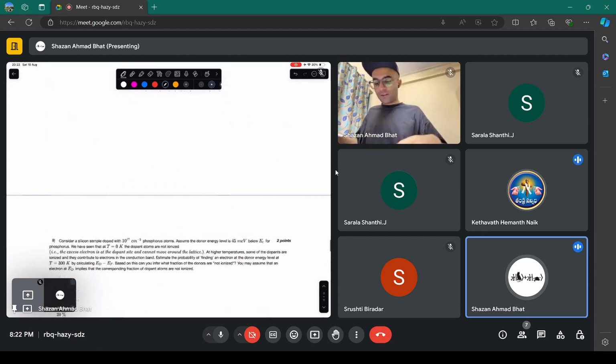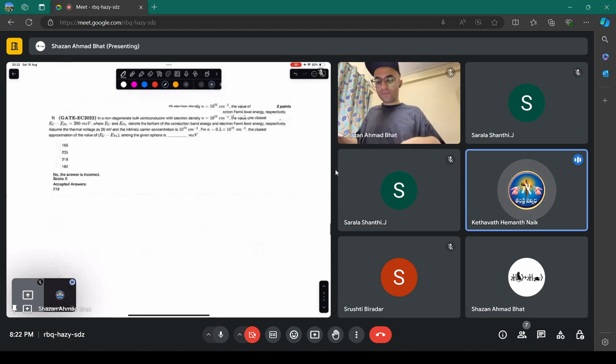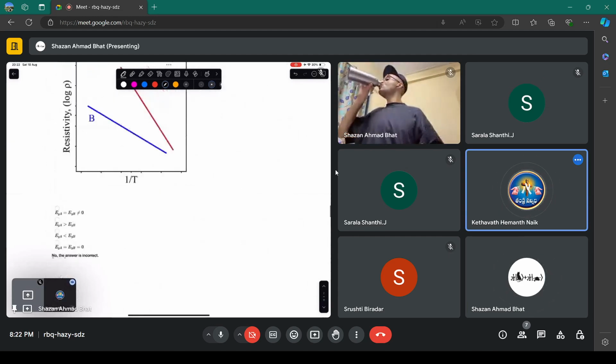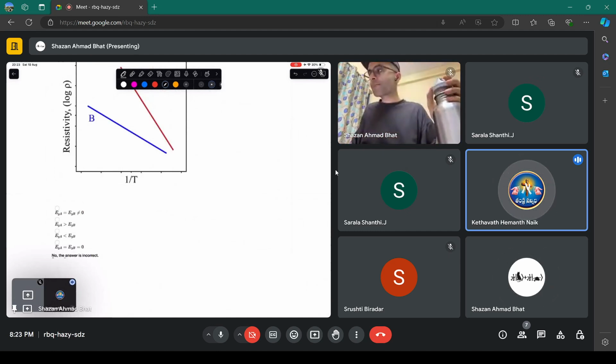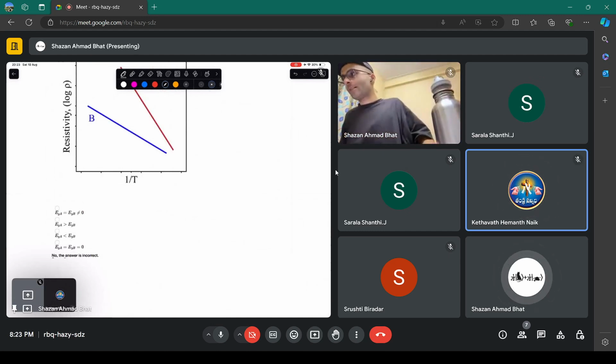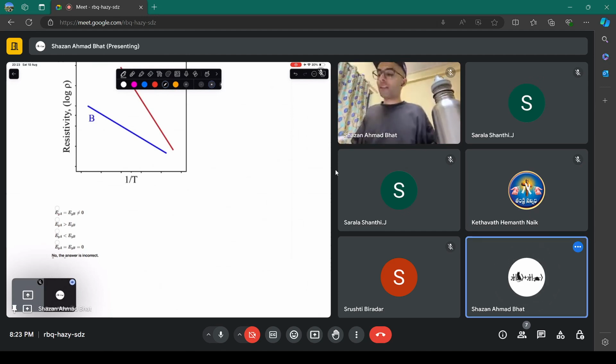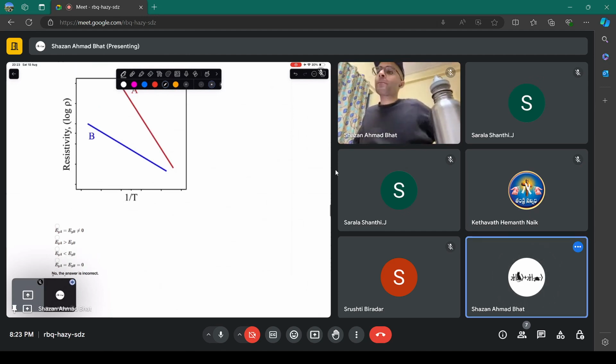Sir, in that case, if everything is temperature dependent, the band structure will also be temperature dependent. Right, right, right. But what temperature does is that these are the atoms.